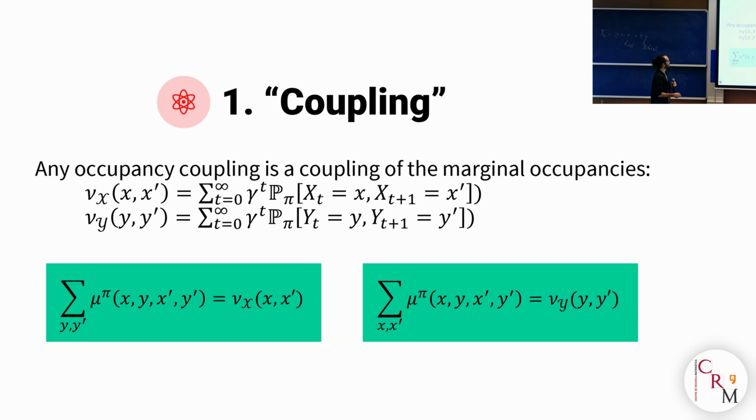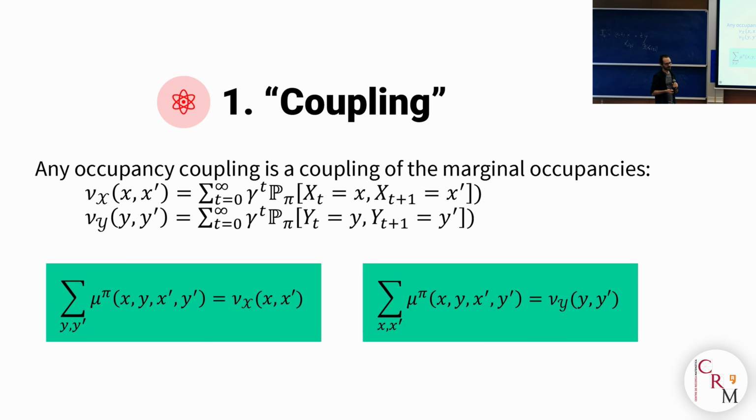So the coupling property says that, let me define these two objects first. This mu x x prime is the discounted number of times that the x process visits this state transition. And this mu y prime is the discounted number of times that the y process visits this y prime object.